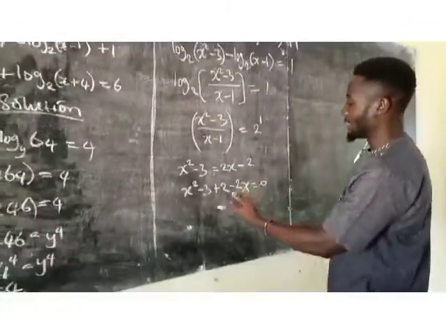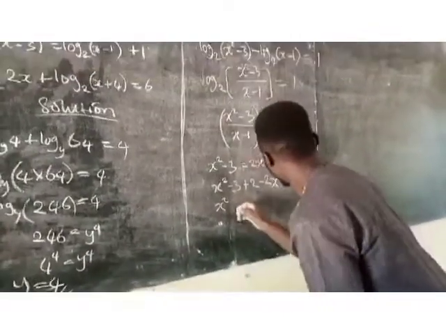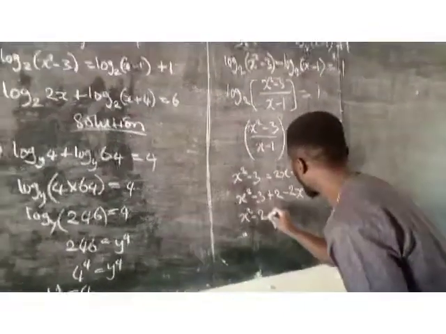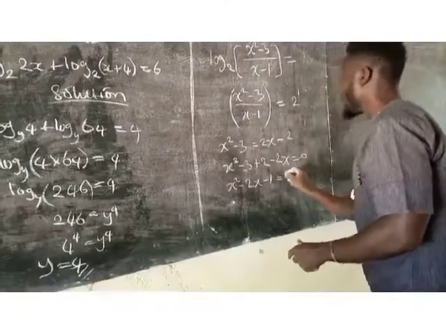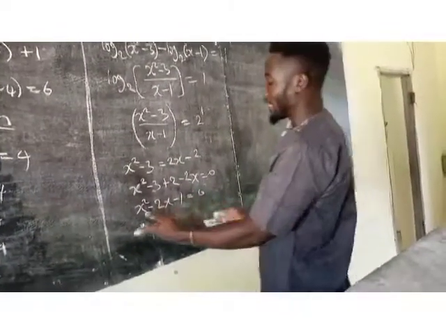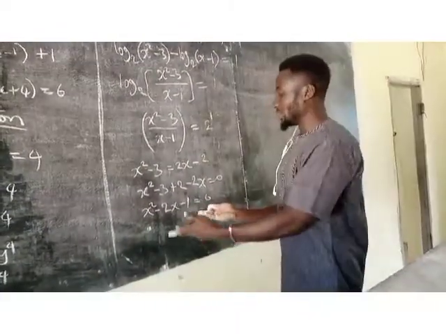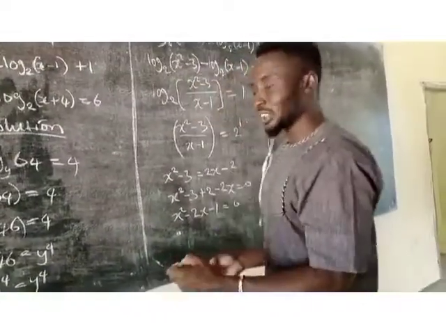If you look at this, it can be arranged as x squared minus 2x minus 1, which is equal to 0. This turns into a quadratic equation, which will be treated in our next section.